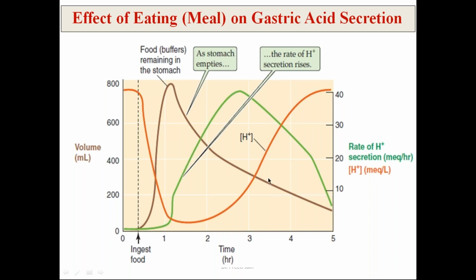So as the hydrogen ion secretion increases, the pH is going to decrease. Right? As the stomach empties, the rate of secretion of the gastric juice, the volume, will start decreasing.